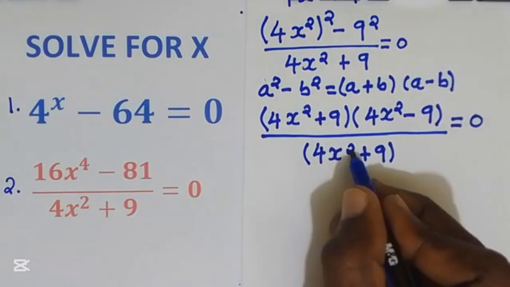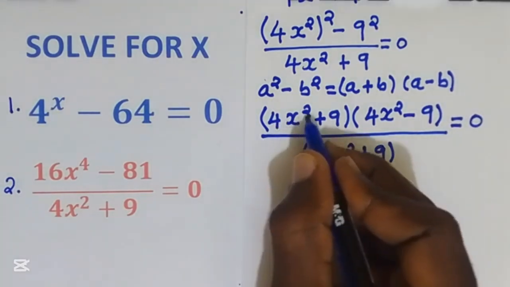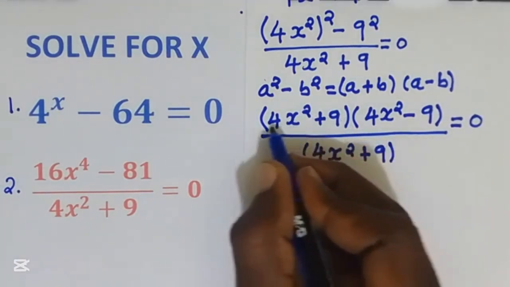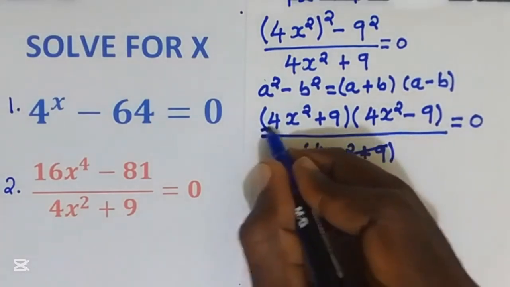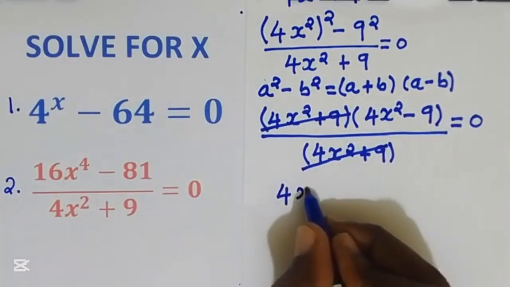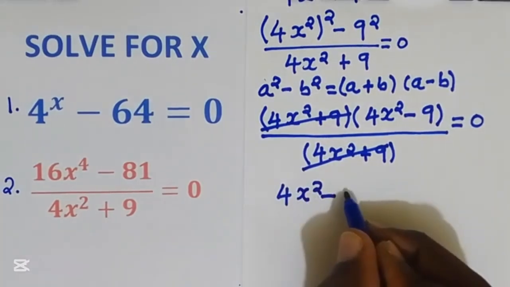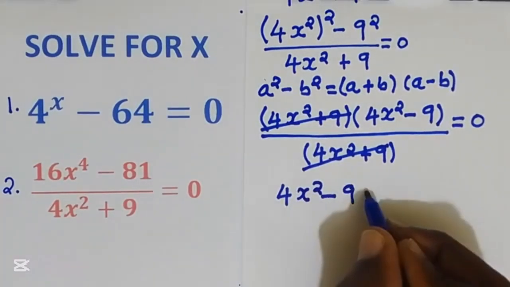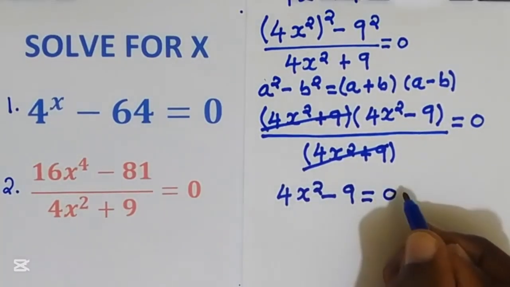But 4x squared plus 9 and 4x squared plus 9, I can simplify them. I'm going to remain with 4x squared minus 9, equal to 0.